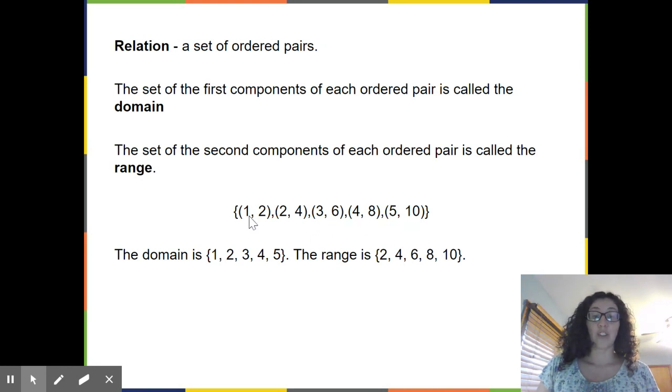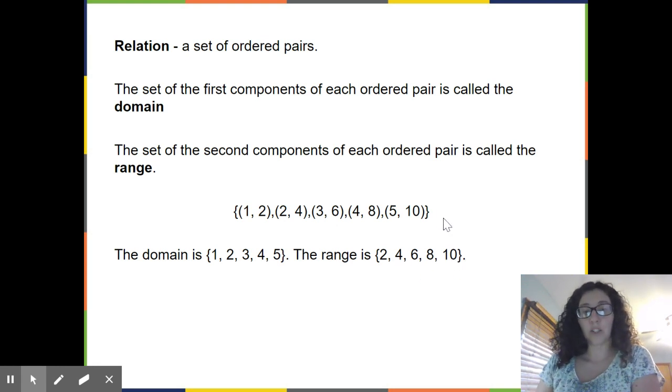And the set of the first components, so 1, 2, 3, 4, and 5, that set of numbers is called the domain. And the second set of numbers, 2, 4, 6, 8, and 10, is called the range.